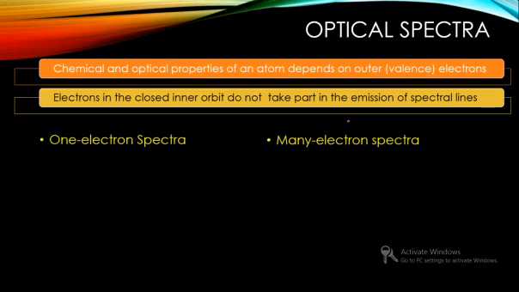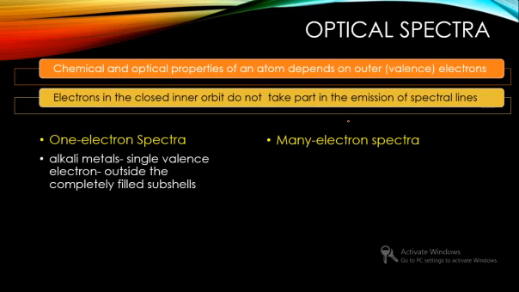Now, based on this, you have two kinds of spectra. One is one electron spectra, and another is many electron spectra. So atoms will show either a one electron spectrum or a many electron spectrum. Let us see what one electron spectra is.